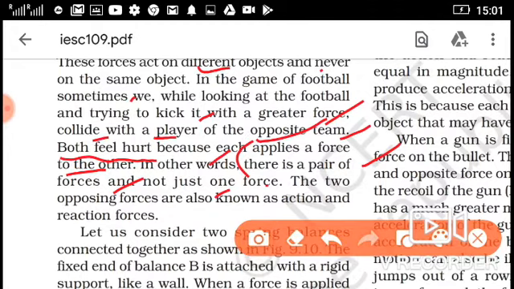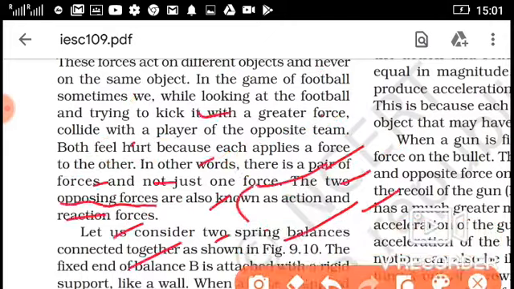The two opposing forces are also known as action and reaction forces. If we kick a football, we are applying the action force on the football, and the force by the football on us is the reaction force. You can interchange them: if the force on the football is the reaction, then the force by the football on you is called action.